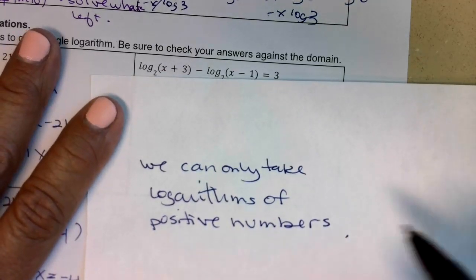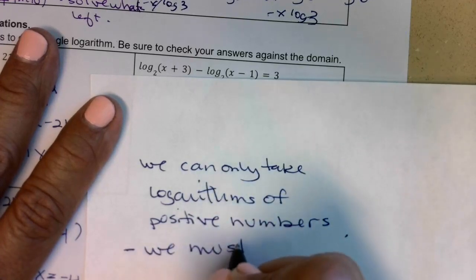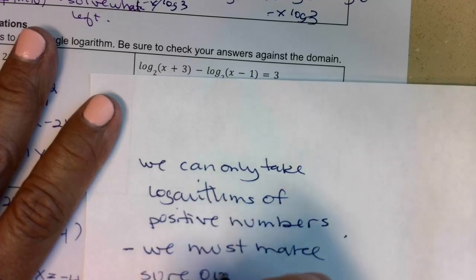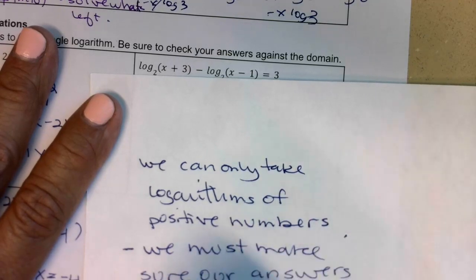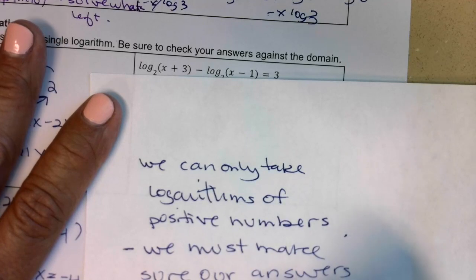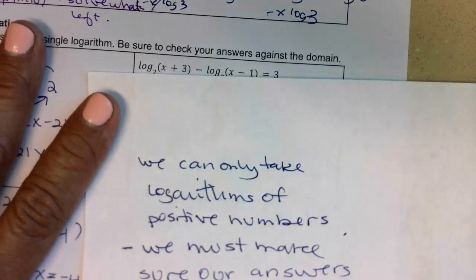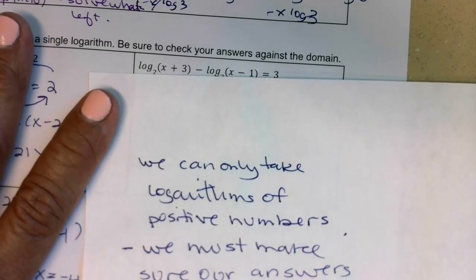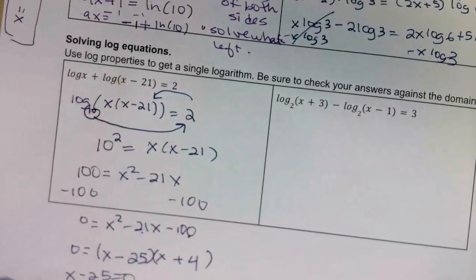So we must make sure our answers, our solutions, are in the domain. And I hear you, you think, oh, well, you've got a negative 4, that's not there. Well, but maybe sometimes it will, right? So just because the value you get is negative, there might be some things happening to the x inside of your equation that would lead it to be fine.